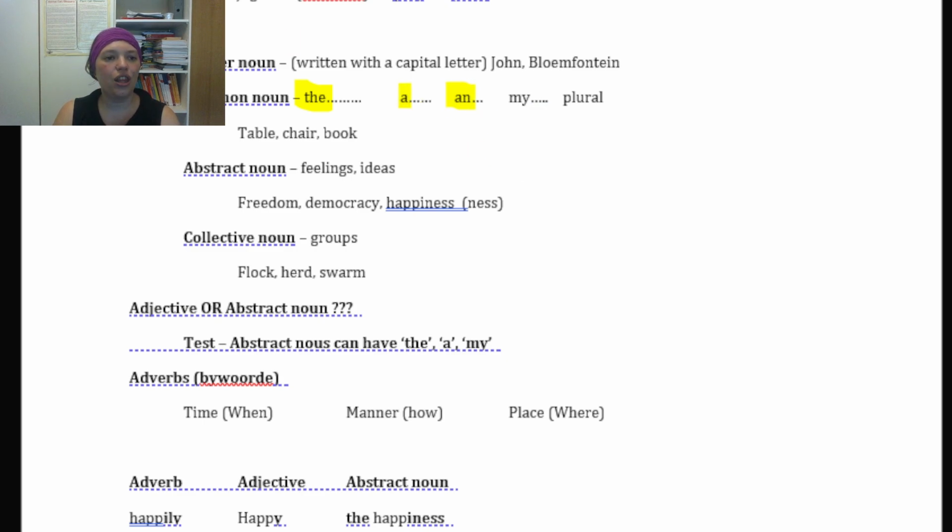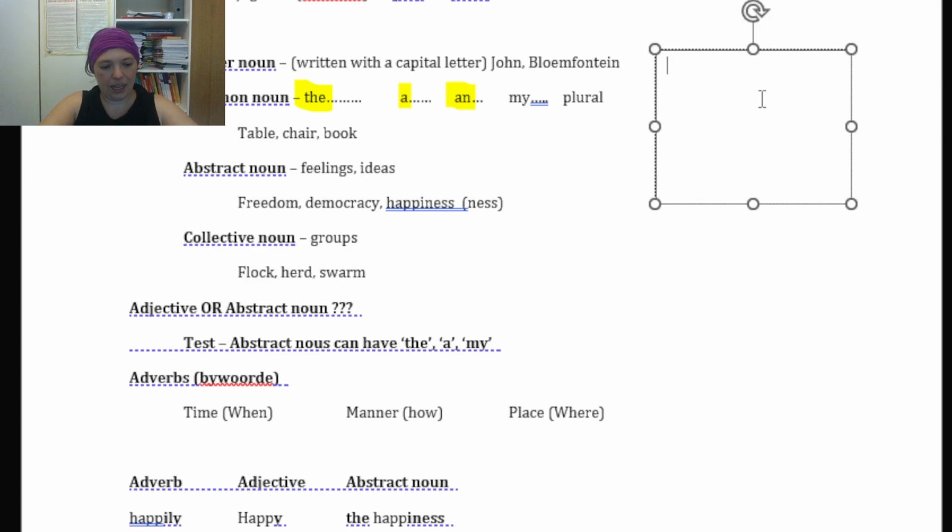Those are the only 3 articles that exist in English. In Afrikaans die and 'n, and those are lidwoorde. So I want to write an article.